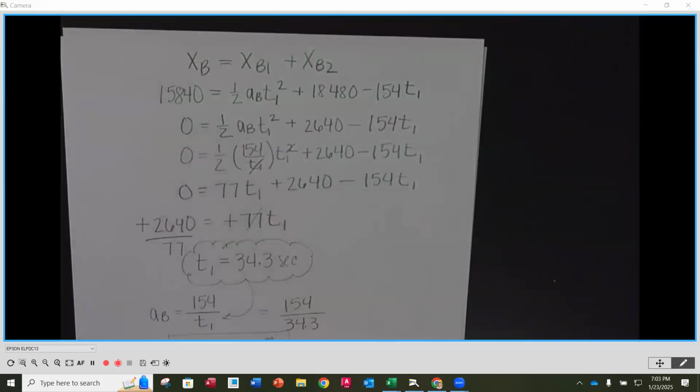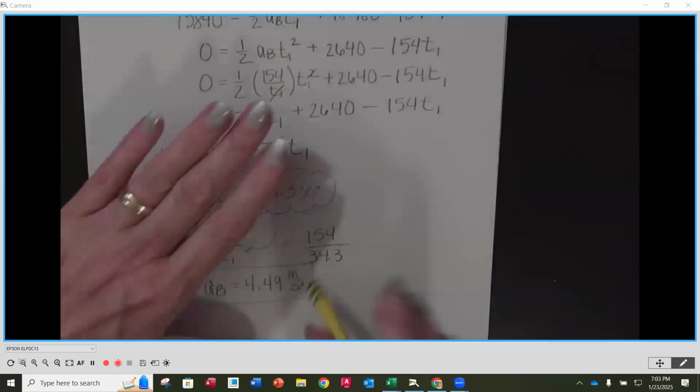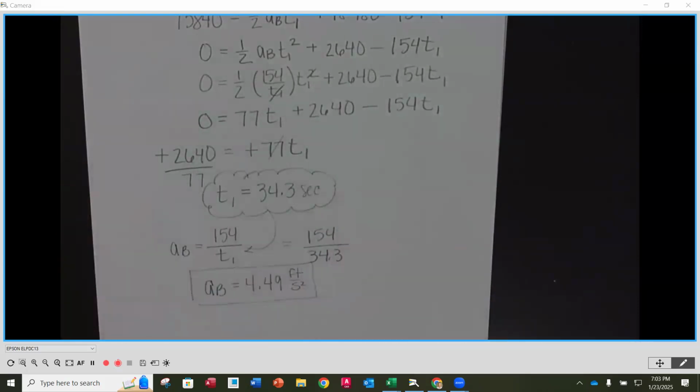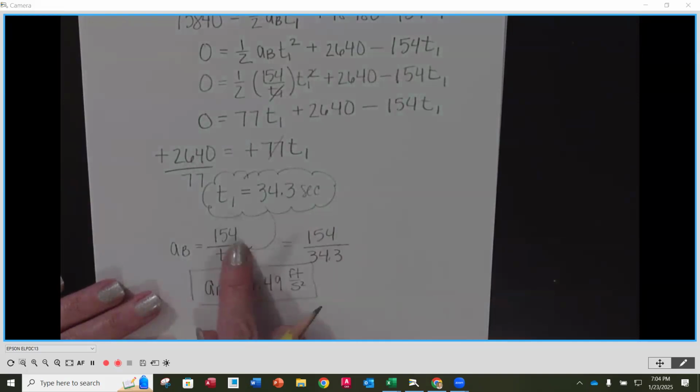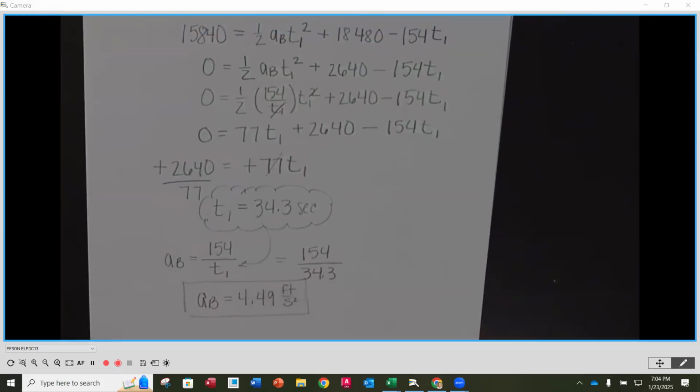That's the time that we're accelerating with that police car. And I'm going to fix my units here. It's feet per second squared, and using that value back into the acceleration B for that police car during the time 1, we get the acceleration of that police car during that section of time at 4.49 feet per second squared.